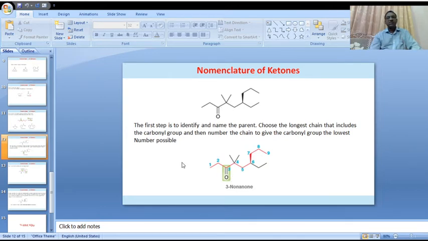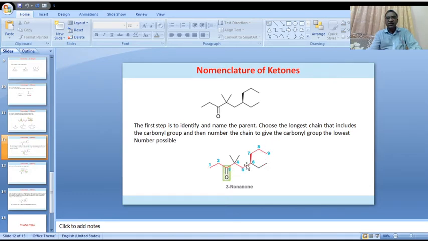Here we observe a 9-carbon parent chain. Choose the longest chain that includes the carbonyl group, and then number the chain to give the carbonyl group the lowest position. Here numbering starts from this side. 9 carbons in this parent chain.